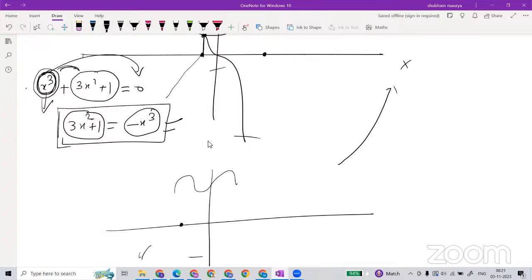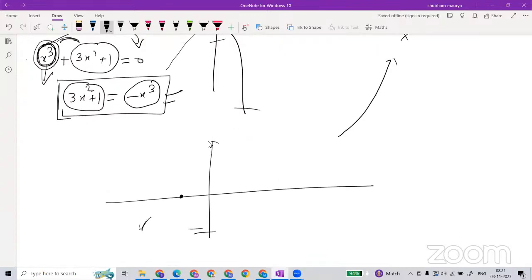It will go like this and this. So in some portion in between, it will behave like that. The graph goes like this, then a parabola shape is there, and then back to the graph of x cube.